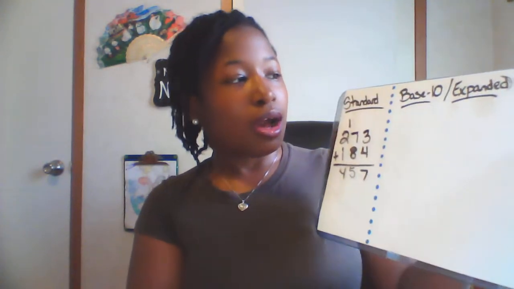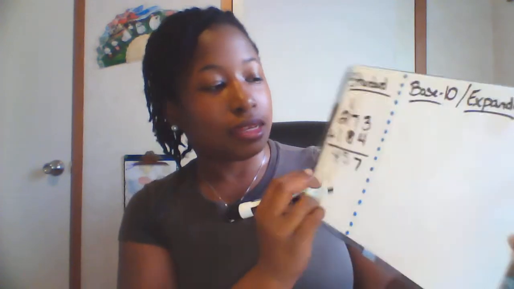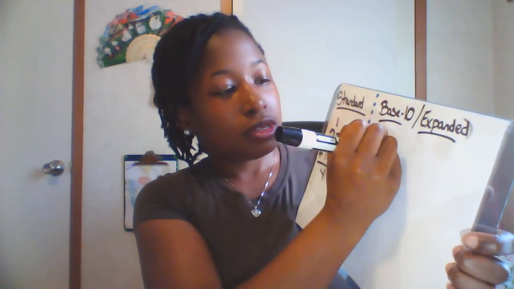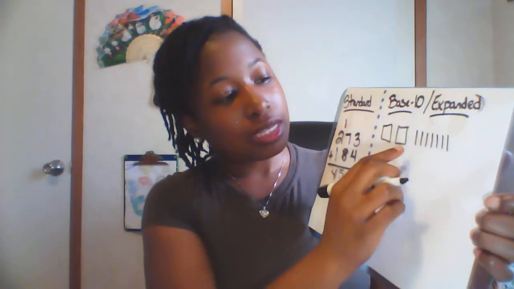So now I'm going to show you that same thing with base 10. So again, I have 2 hundreds, 4, 5, 6, 7 tens, and 3 ones.